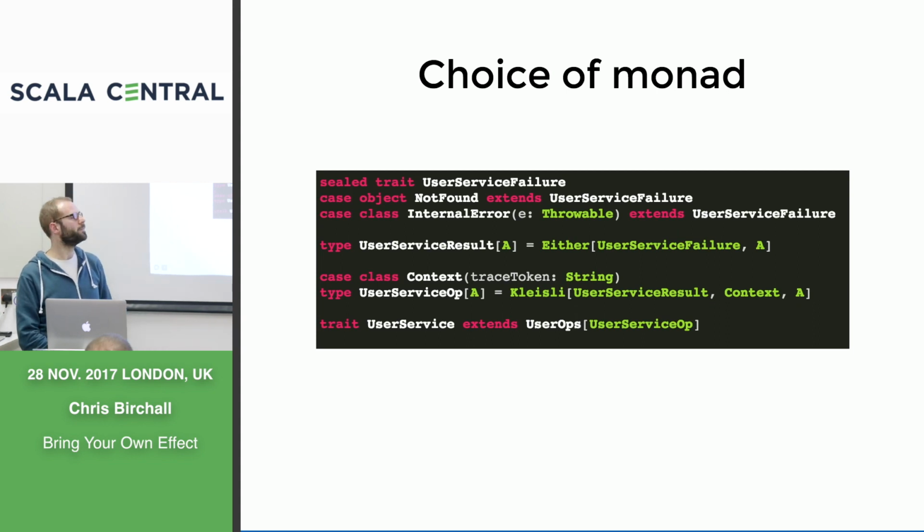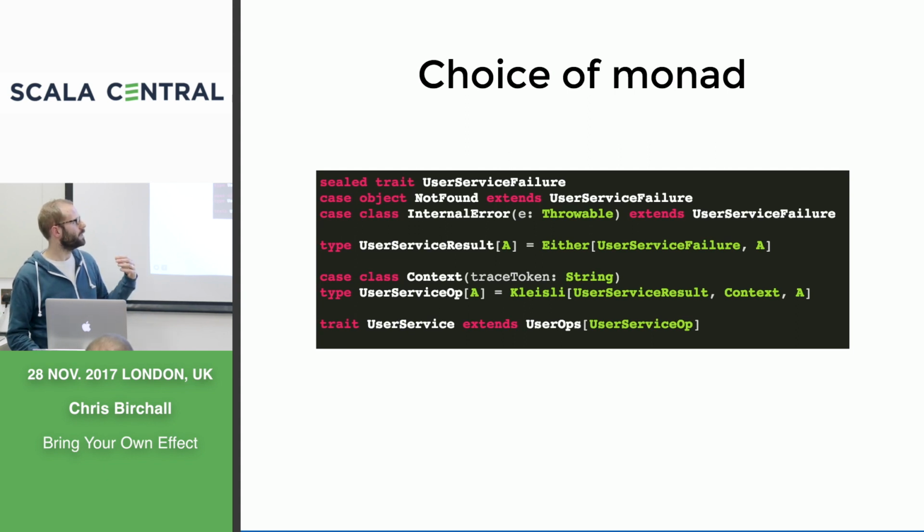user, for example. But then we've got another layer of monadicity, if that's a word, because we've got some context that we want to pass into our function. This contains things like a trace token for the request so that we can put it into all of our logs and so on.